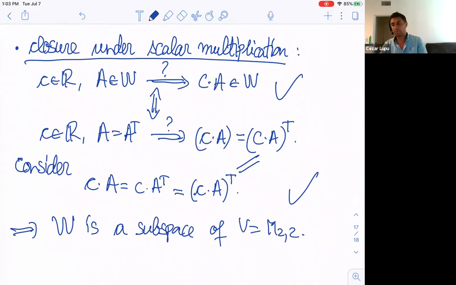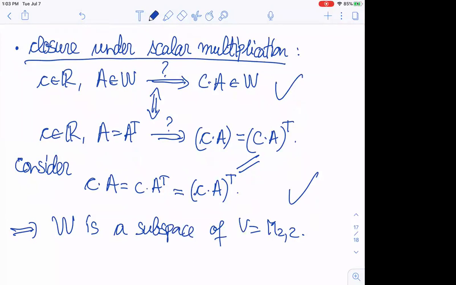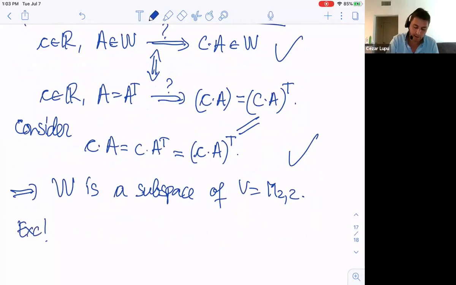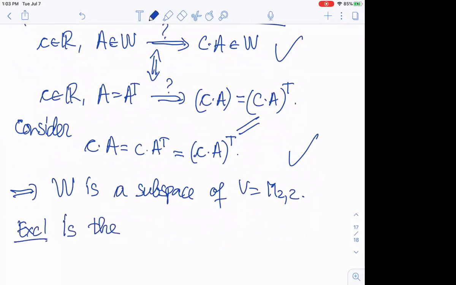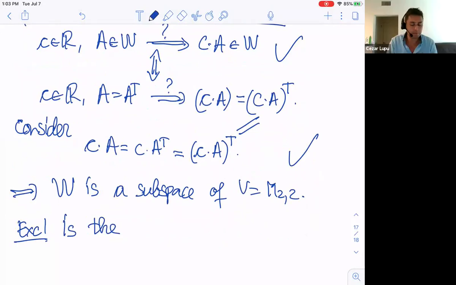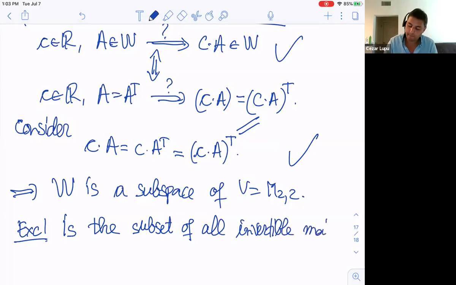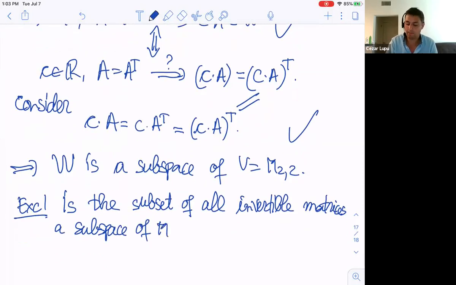There are plenty of other examples. I'll leave it to you as an exercise: is the subset of all invertible matrices a subspace of the set of all n by n matrices?